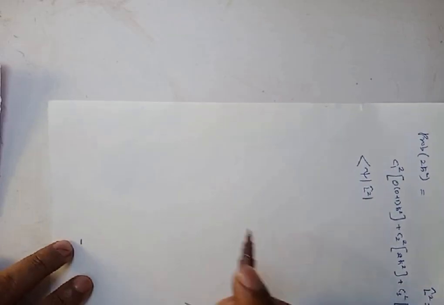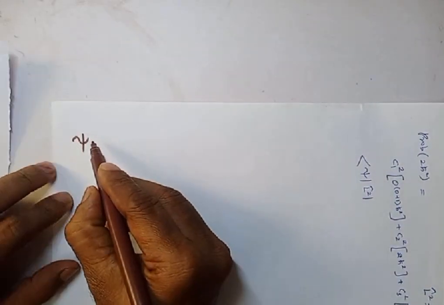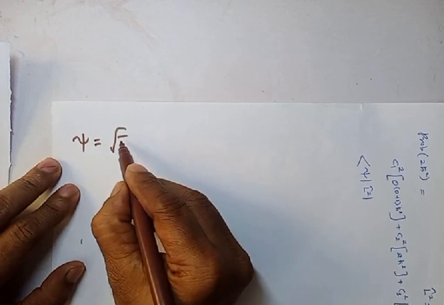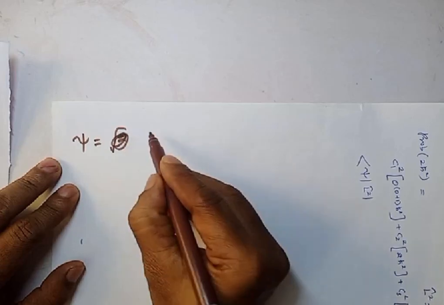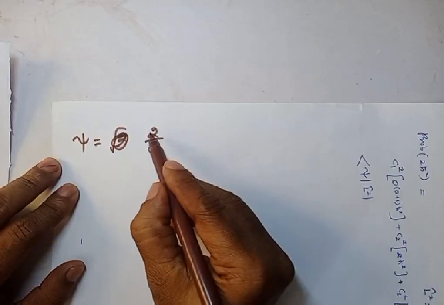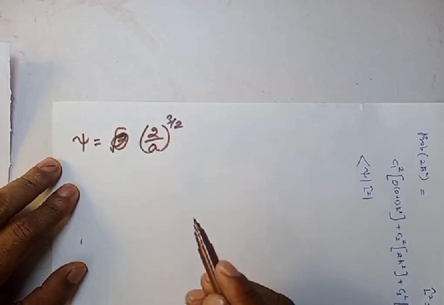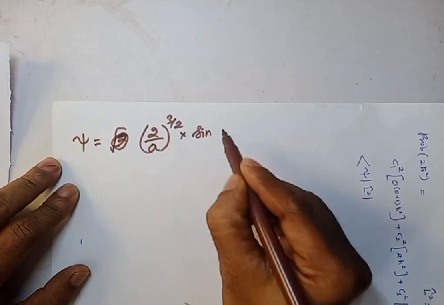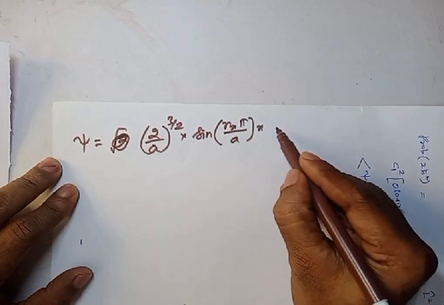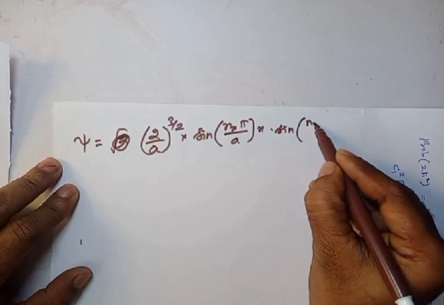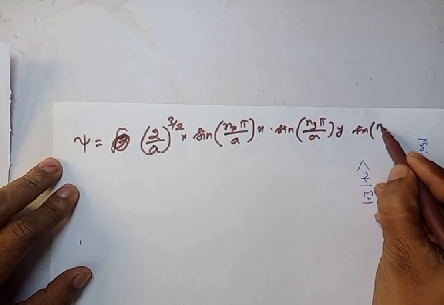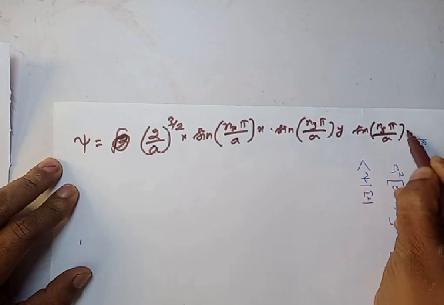The wave function for particle in cubical box equals square root of, not square root of 2a, sorry, in this question the box length is given as a, so I'll write (2 by a) whole power 3 by 2, into, this is the general formula, sine nx pi by a into x, into sine ny pi by a into y, then sine nz pi by a into z.